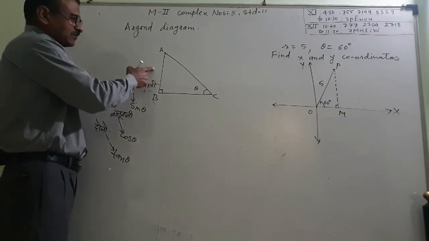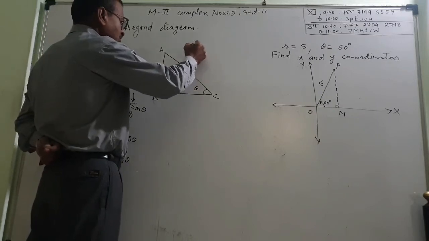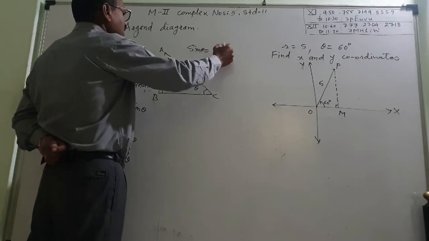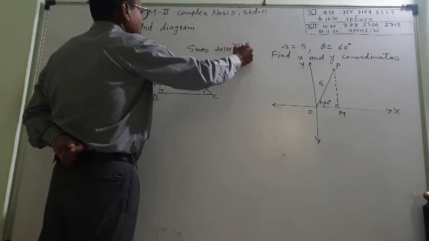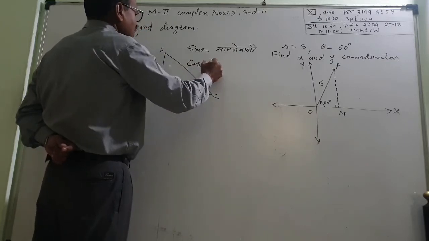This is सामने वाली. I have to find सामने वाली. So sin theta म्हणजे सामने वाली. Cos theta म्हणजे बाजू वाली.